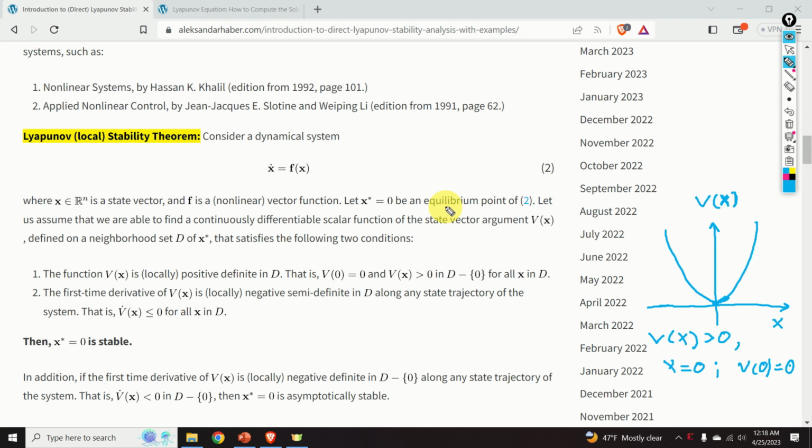The second condition is that the first time derivative of v of x should be locally negative semi-definite in the domain along any state trajectory of the system.